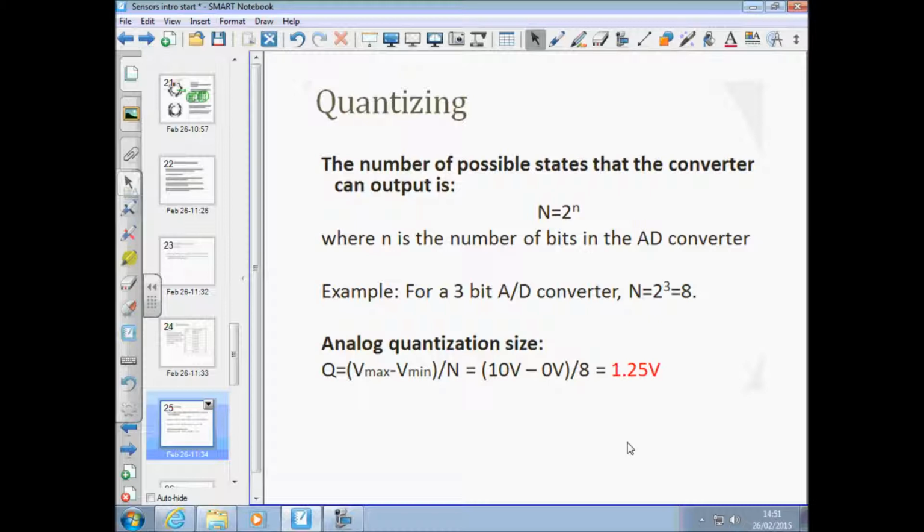For example, if you've got a 3-bit A to D converter, N is 2 to the 3, and you've got 8 discrete steps. So we have to divide our voltage range, 10 minus 0 volts, so we've got a 10 volt range, divide that by 8, that's where our 1.25 volt steps come from.